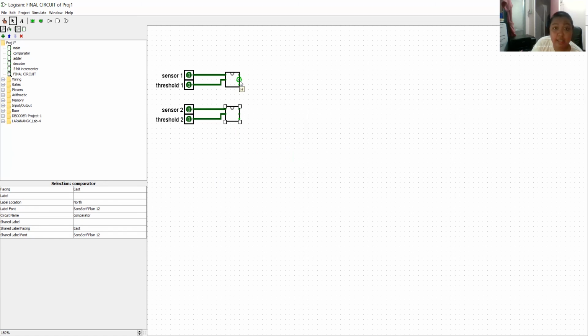And as stated in the problem, the sensor should be equal or greater than. So we will be using the high and the equal.